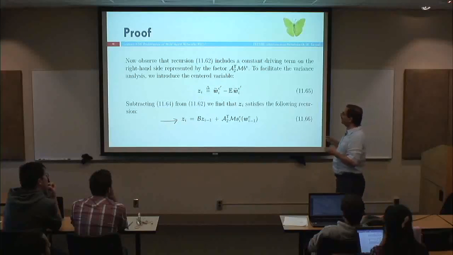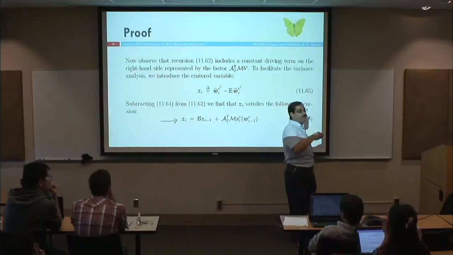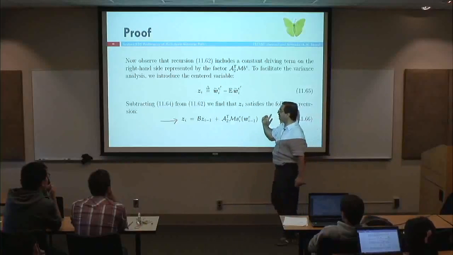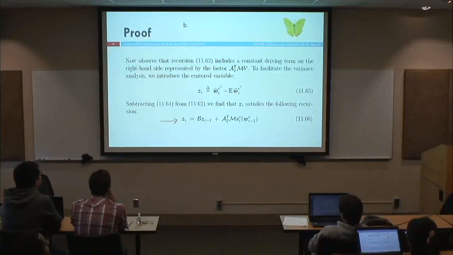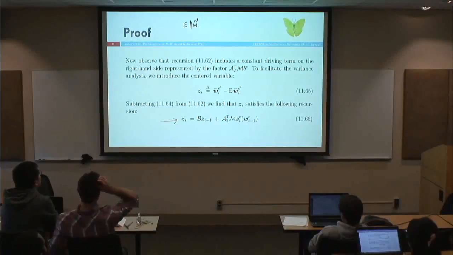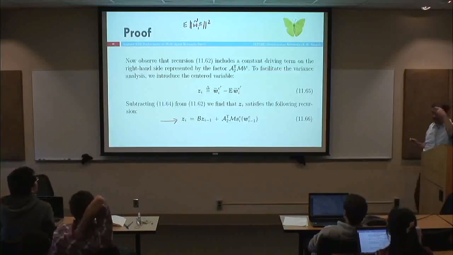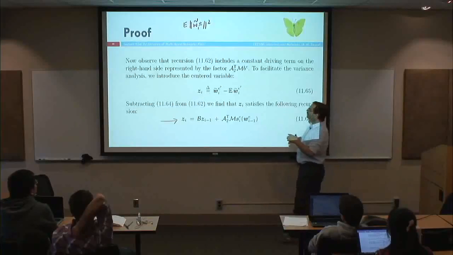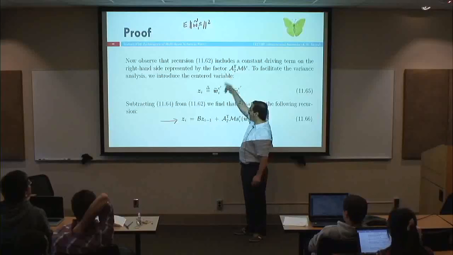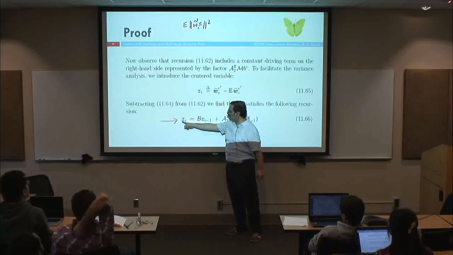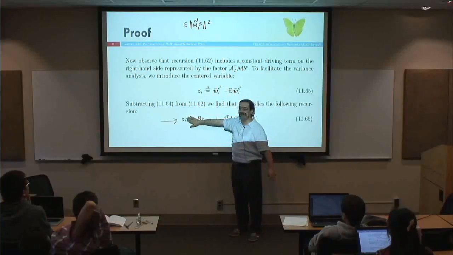So why is it that studying the variance of z, the expected value of z squared, will give me the answer that I want? Because I'm interested in the variance of this, not even e prime. But I know if I replace e by e prime, how far they are from each other. So I'm going to show you next that if I evaluate the expected value of z squared, it is related to that quantity, and therefore I can focus on this.